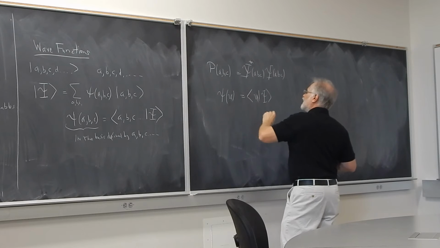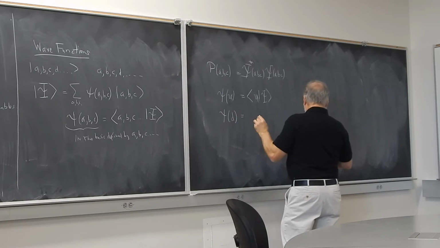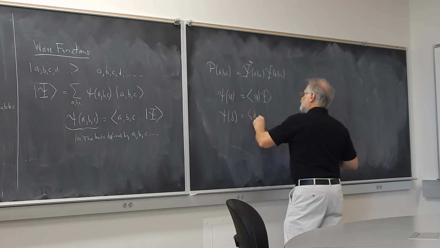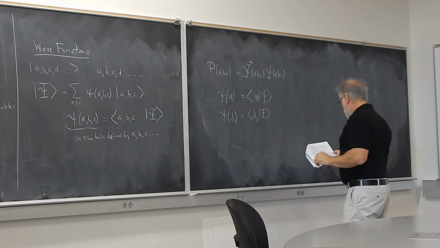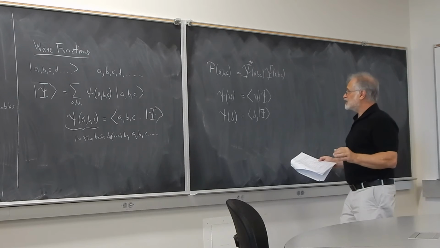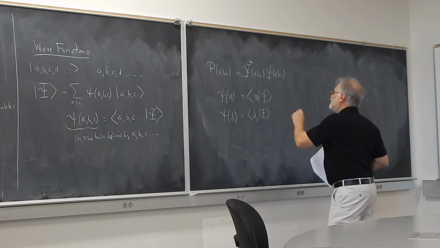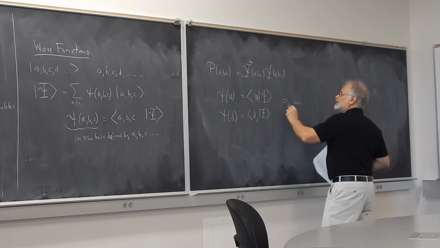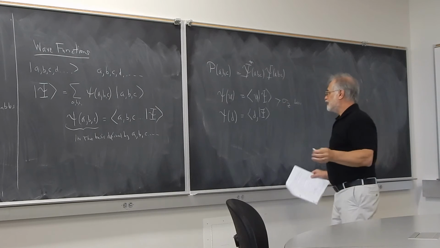Up, and then in the down case, I could write psi of d is equal to bra d with psi. And that would define a wave function in the up-down or sigma sub z basis, because sigma sub z is the operator that pertains and has the eigenvectors up and down.